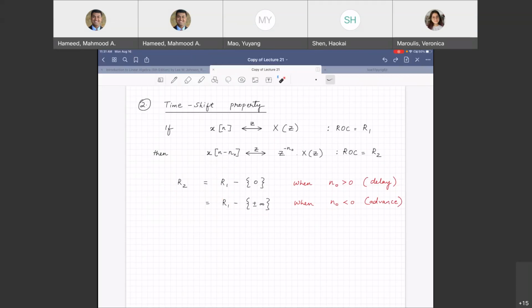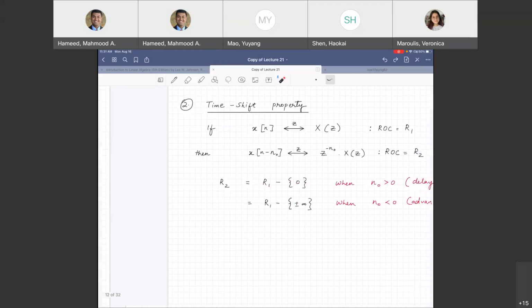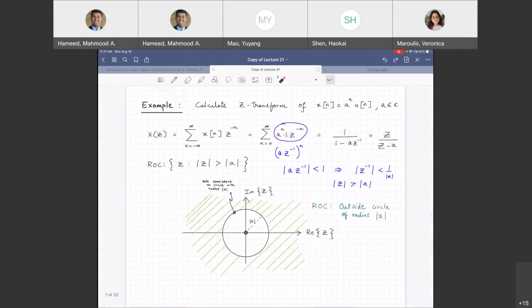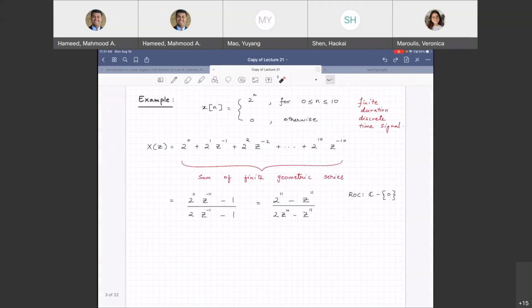Now, can we maybe quickly validate these statements? Let me try to do this. If I go back and take a look at the 2 to the n example there. If I shifted this sequence left, I'm advancing it. If I advance this signal, then I will start seeing n being negative, right? If I move this sequence x of n left, that means I'm going for x of n plus 1 here. I'm advancing the signal. If I advance the signal, what do I have for n?